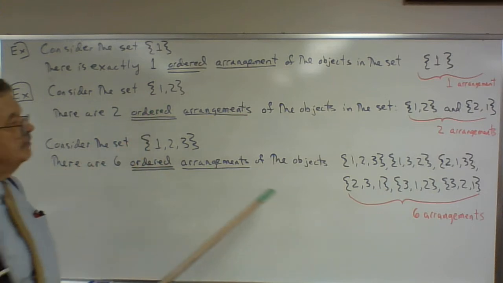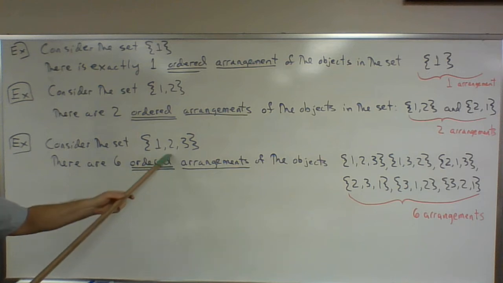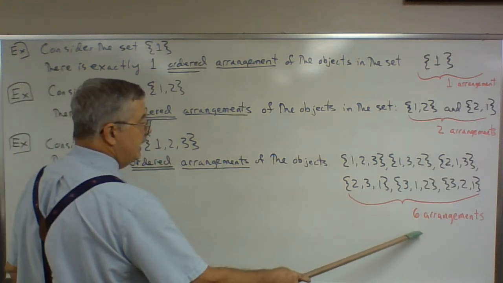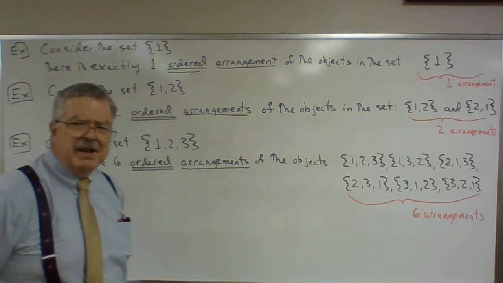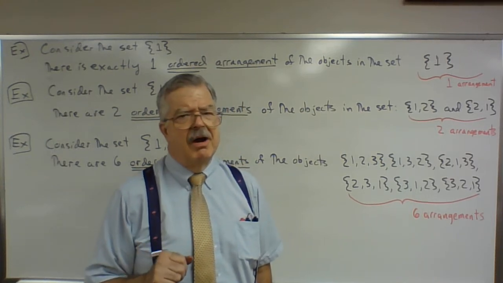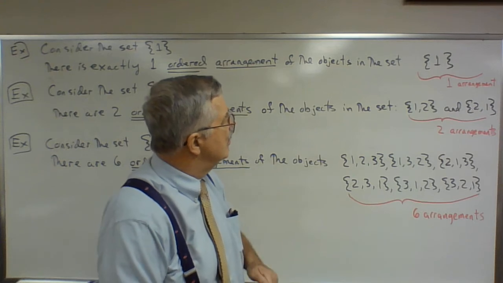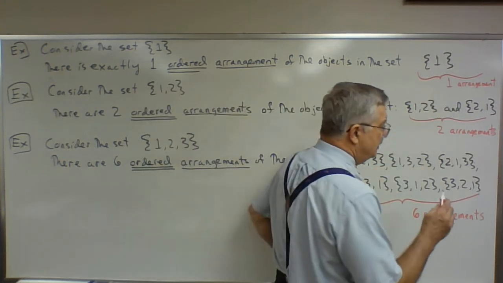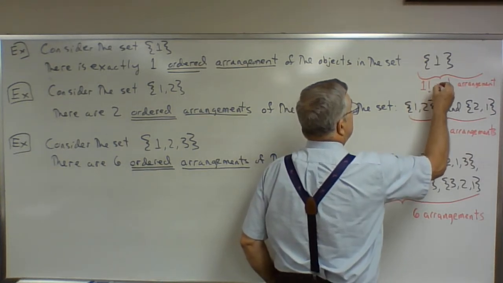Two elements, two arrangements. Three elements, six arrangements. There might not be any bells going off in our head, but maybe there are. Isn't this equal to 1 factorial?